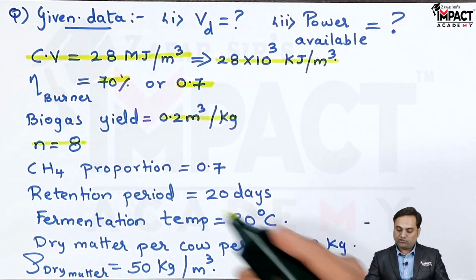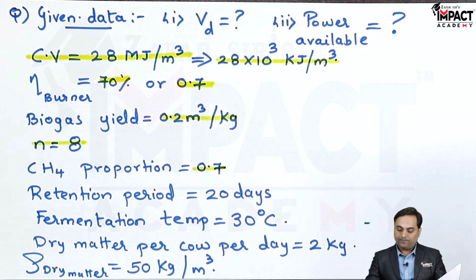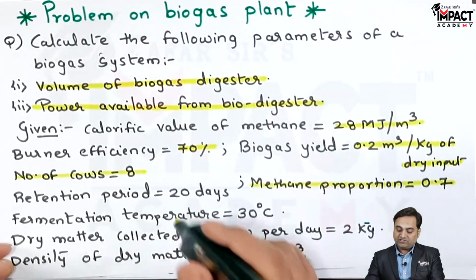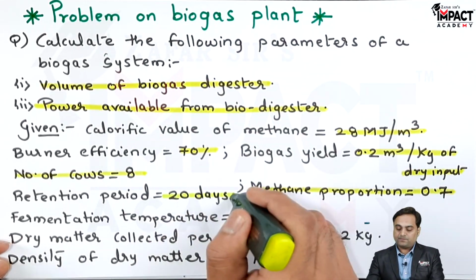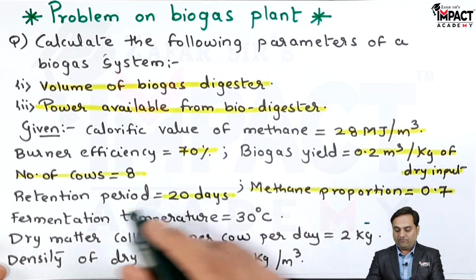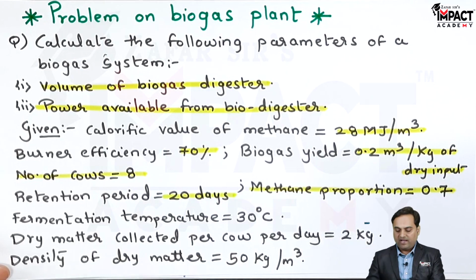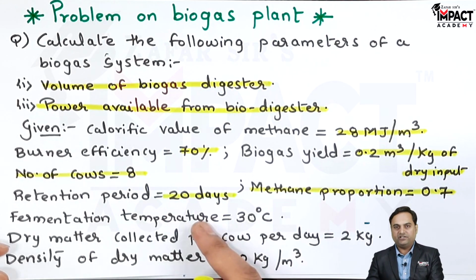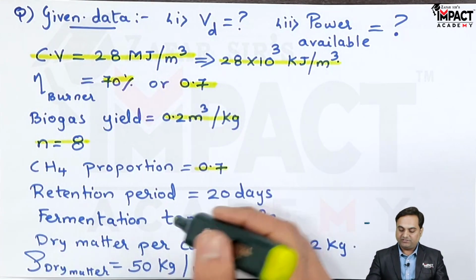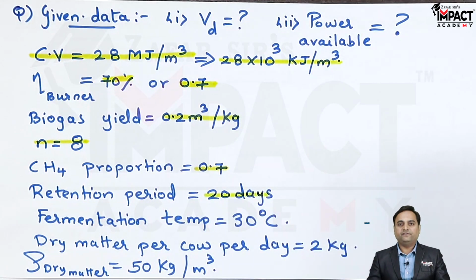Then the retention period: we have to keep this biogas plant working for 20 days, meaning the slurry is fed and kept for 20 days for fermentation.